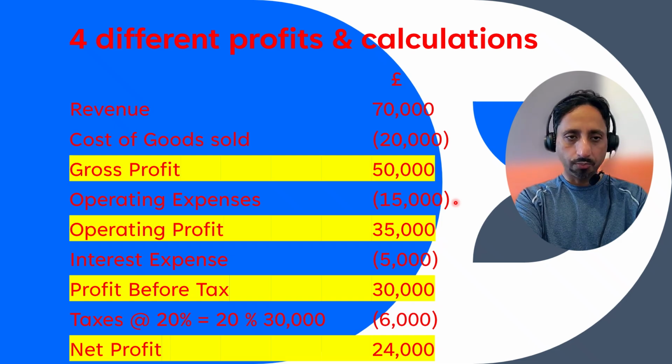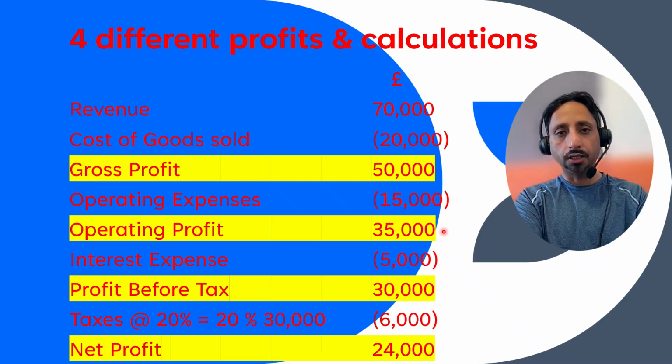So when operating expenses are deducted from the gross profit, then it gives us another calculation, that is 35,000, and that gives us operating profit. So how you calculate operating profit? Basically, all the operating expenses when deducted from the gross profit, it will give you operating profit.